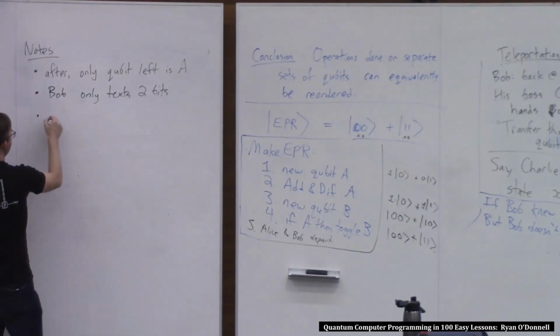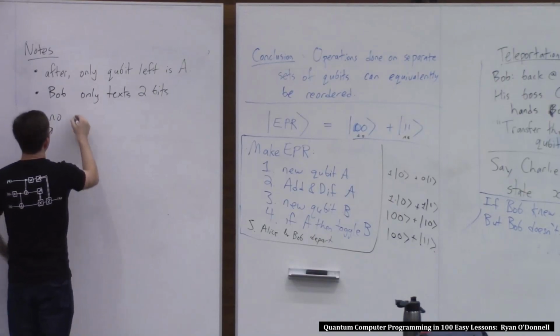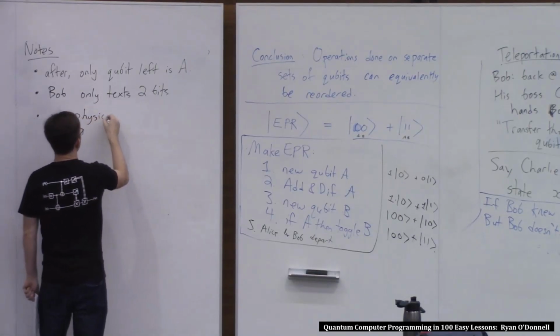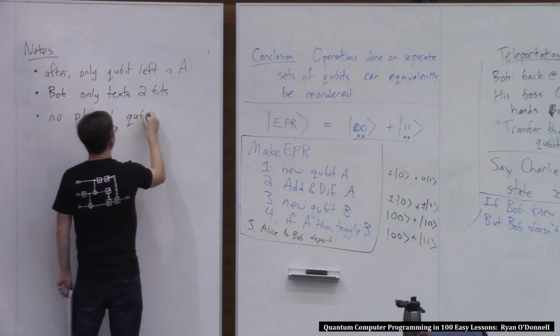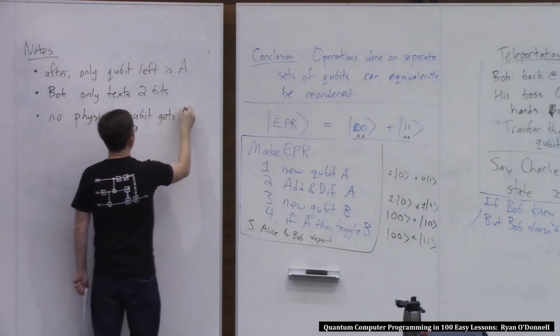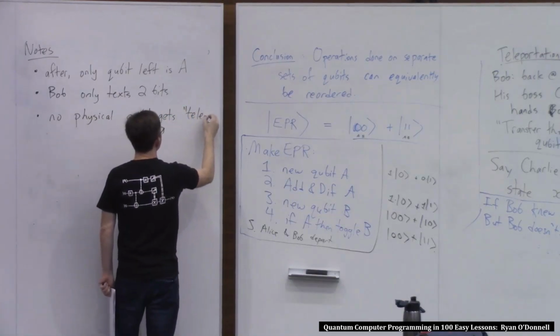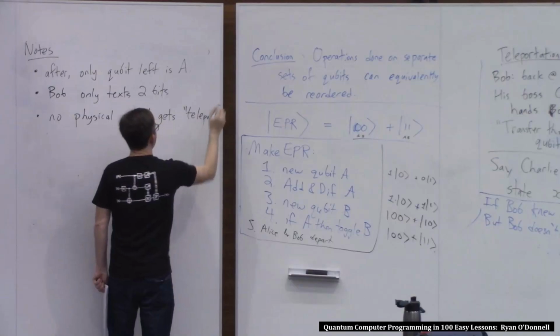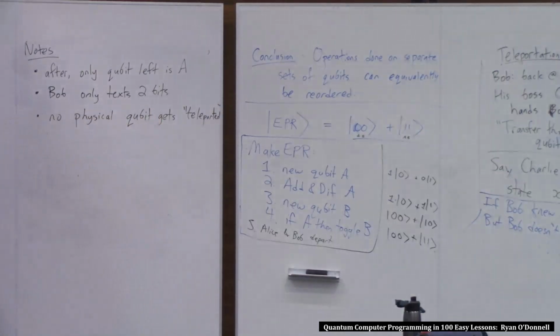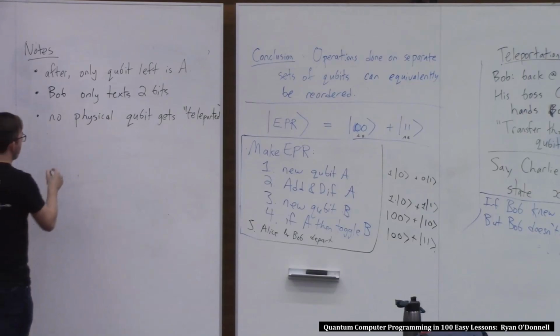Another thing to note is that no physical qubit gets teleported or moved. So despite the exciting name, it's not like a physical electron warps from Bob's office to Alice's office. Just some states get changed.